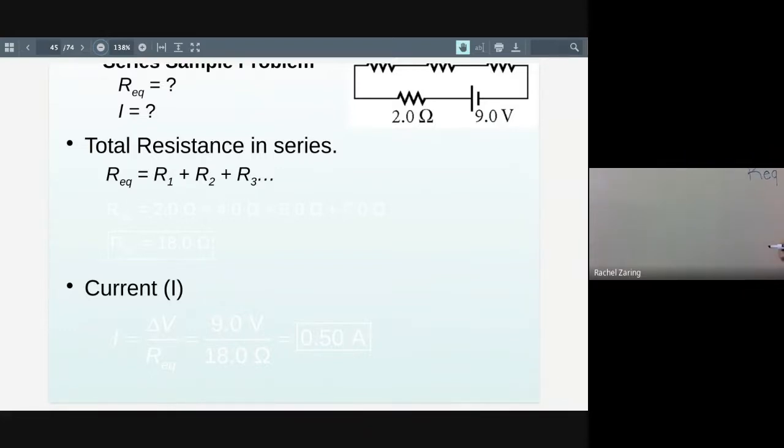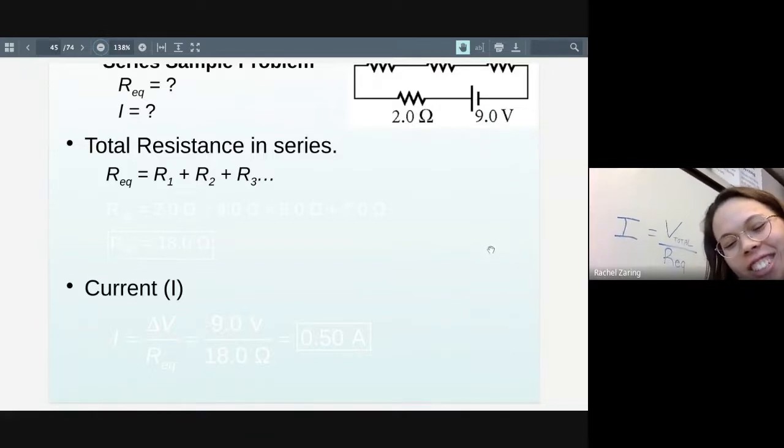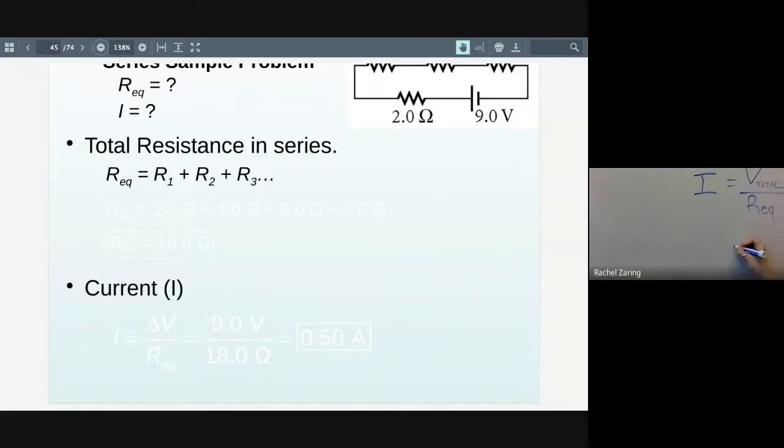So the total current running through is what we're solving for. Our total voltage is just what's running across the battery, which is 9 volts. We just determined our equivalent resistance to be 18 ohms. And if we take 9 divided by 18, that's going to give us 0.50 amps as our total current for the problem.